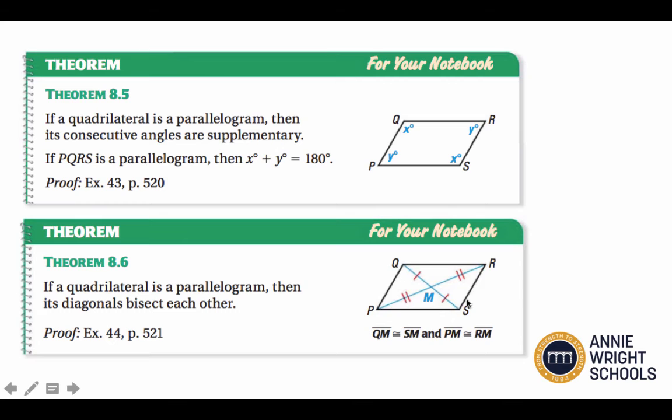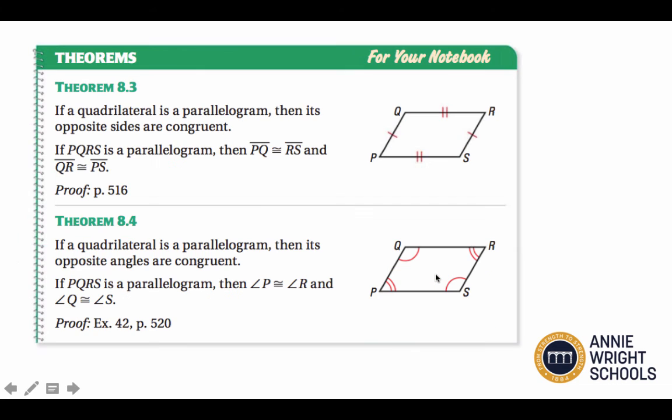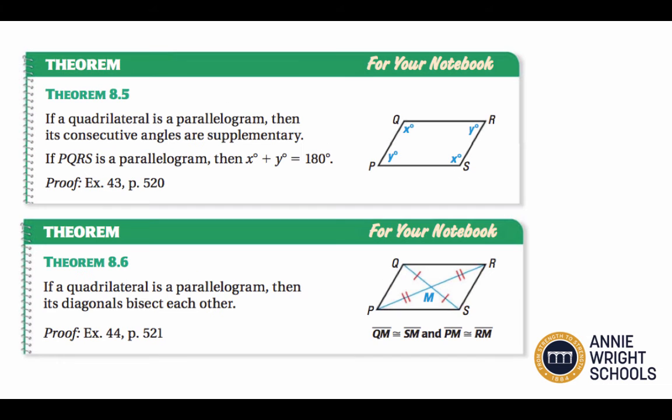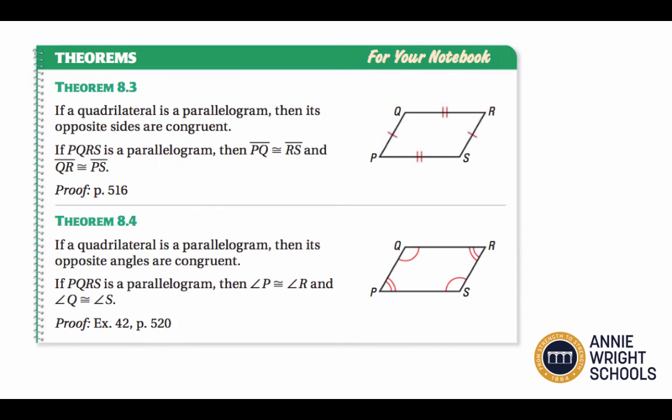And lastly, the diagonals bisect each other. Your homework tonight is to prove these four theorems. If they are written down in a two-column proof, tomorrow you will get 10 points. If they are not proven, tomorrow at 8 a.m. for second period, 10:25 for third period, if they are not written down at that time, you will get 0 out of 10 and no chance to make it up.